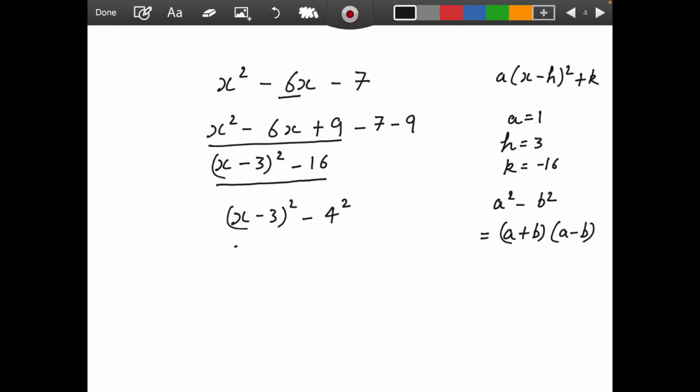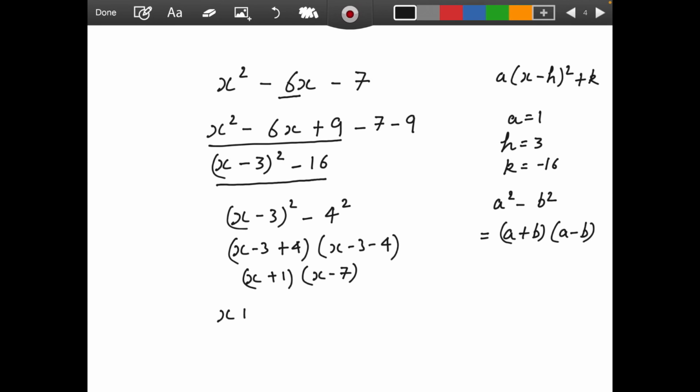So we can write the expression as x minus 3 plus 4 and x minus 3 minus 4. So x minus 3 plus 4 is x plus 1, and minus 3 minus 4 would become minus 7. Now we have found two factors of this quadratic polynomial, and to find the roots of the polynomial, we need to put each of these factors equal to 0.